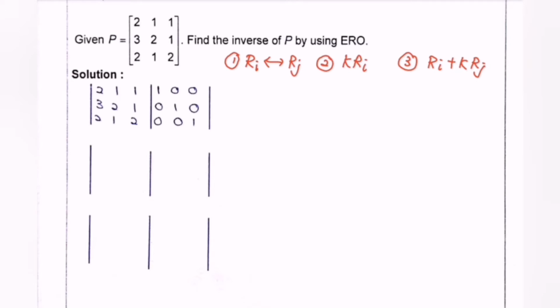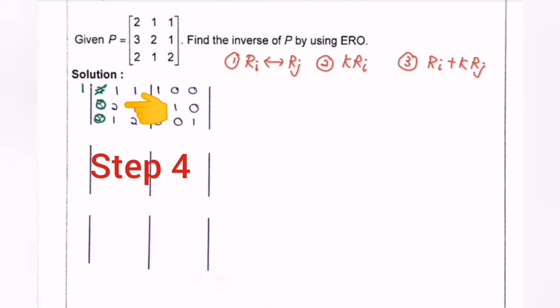Next, we have to make sure that the matrix P on the left is converted to the identity matrix by using the operations. Step number 1 is to make the 2 become 1. Next, we have 0. Then the third one is E21 also becomes 0.